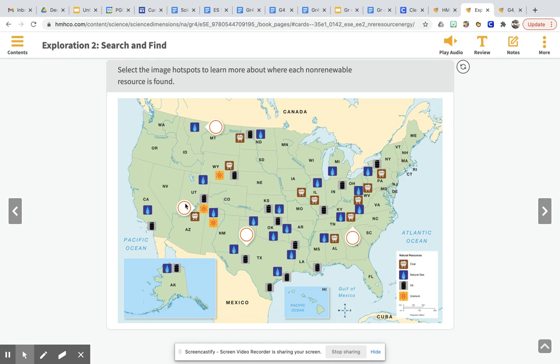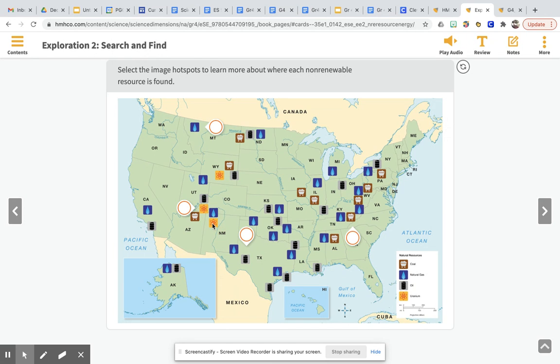But if you take a look at our key, where you see the coal, that's this brown thing, these are areas where you can find coal. Where you see this thing that looks like a water droplet, but it's not, it's actually fire, like a flame, this is natural gas. And then these black things right here are coal, and our yellow sun belt, that is our uranium.